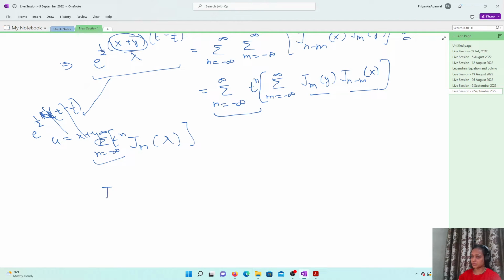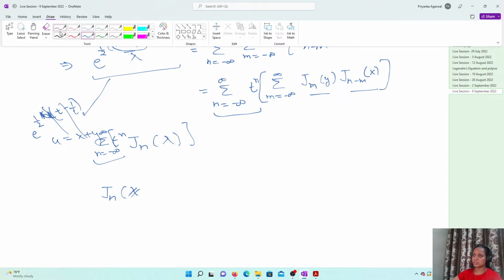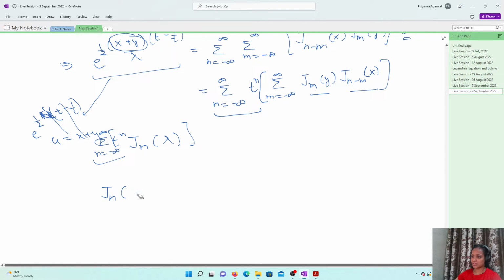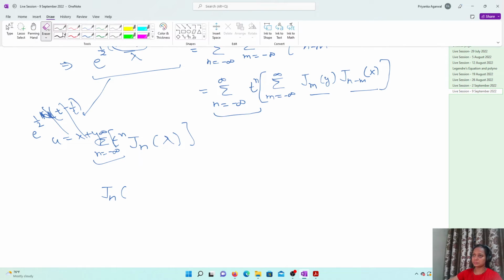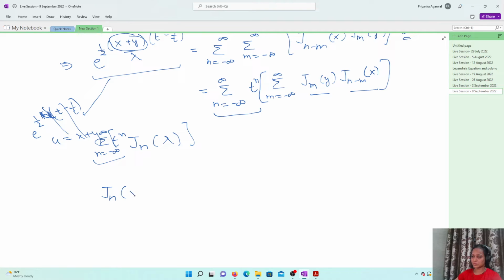So therefore you can write Jn of lambda, which is actually Jn of lambda is here x plus y. So I'll directly write Jn of x plus y equals summation m equals minus infinity to infinity Jm of y into Jn minus m of x.